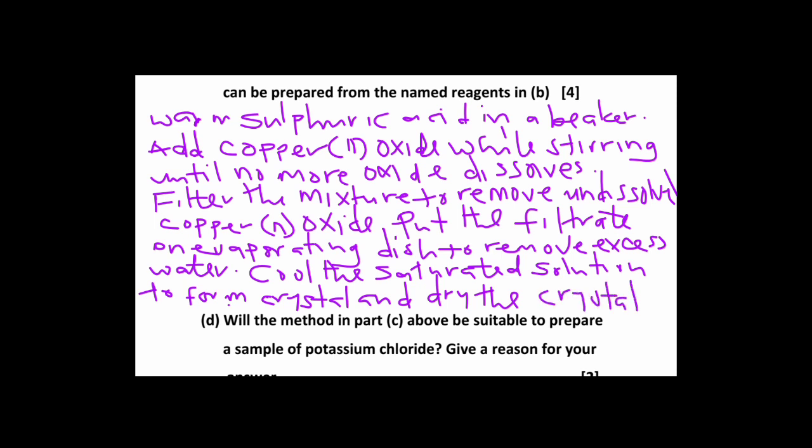So here we are saying when you form the solid crystals, you need to dry them so that you can remove some remaining water on the surface of the solid crystals. And when you do that, it means you would have dried your prepared copper 2 sulfate. Very important. In this case, you are going to get your 4 marks.